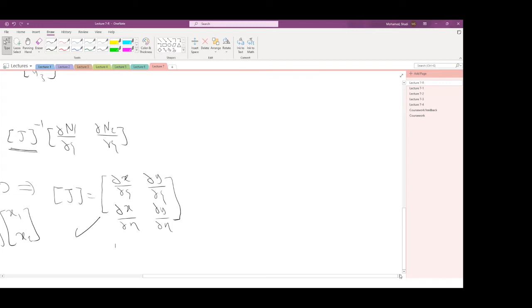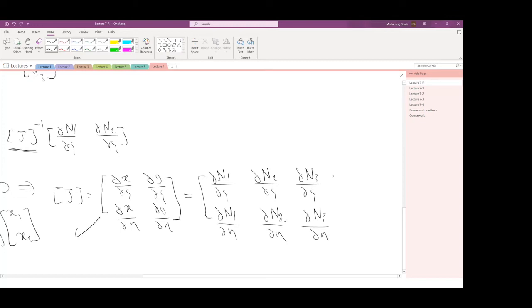So it's going to look quite lengthy. I want you to bear with me. So you are going to have the derivative of n1 with respect to psi, n2 with respect to psi, and n3 with respect to psi. The derivative of n1 with respect to eta, n2 with respect to eta, and n3 with respect to eta.